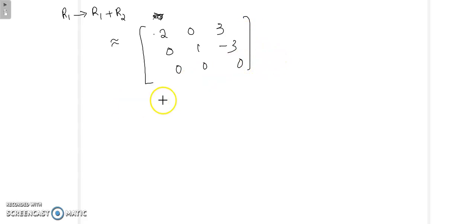So the equations are 2x1 plus 3x3 equal to 0 and x2 minus 3x3 equal to 0.